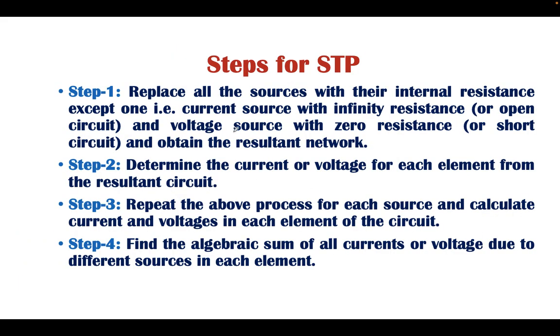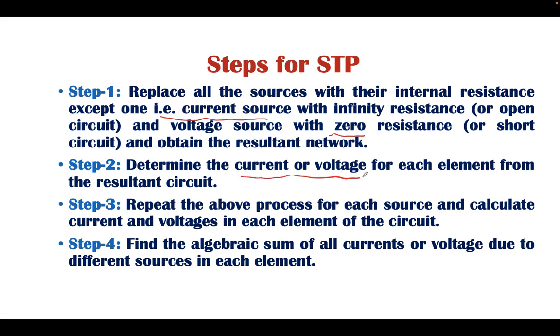Now, there are four steps followed in the superposition theorem. The first is to replace all the sources with their internal resistance except one. The internal resistance of a current source is infinity, whereas that of a voltage source is 0. Second, determine the current and voltage for each element from the resultant circuit.